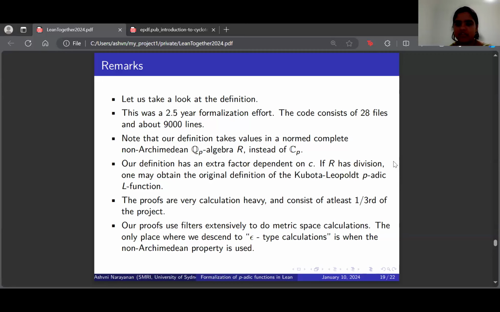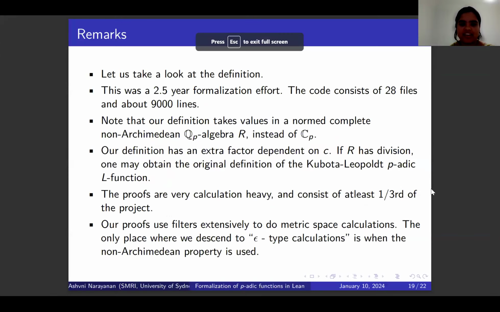If it has division, then you can simply divide by this factor and you will get back the original definition. Okay, and like I showed you, the proofs are very heavy on calculations and actually consist of, I would say, even half of the project.